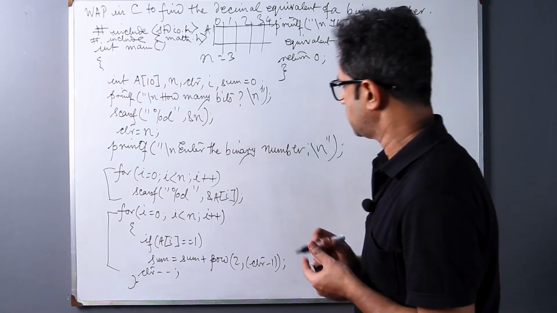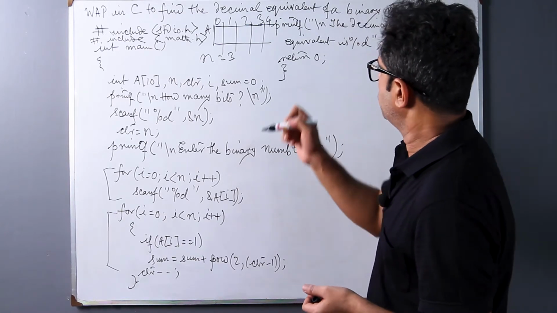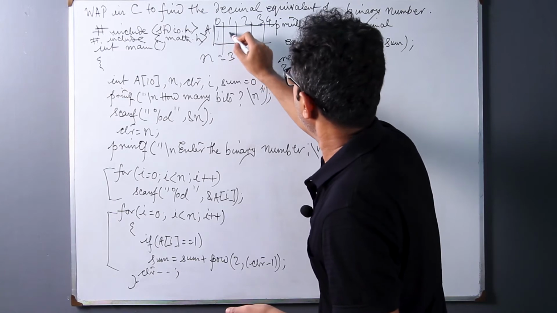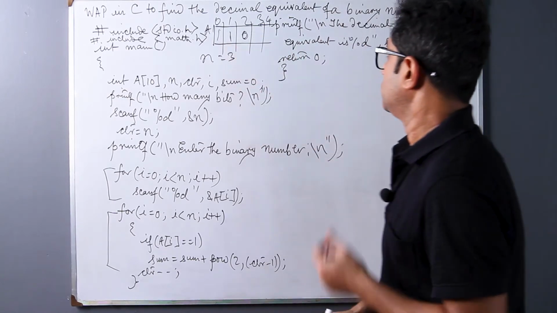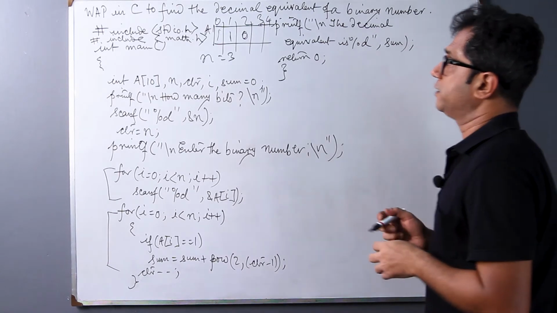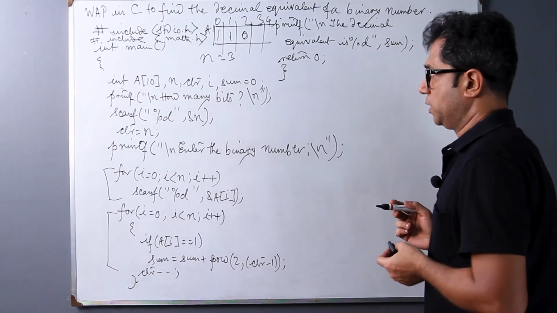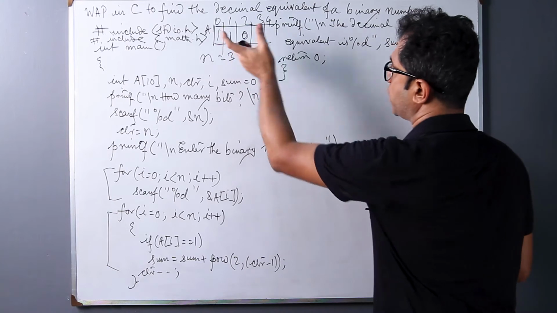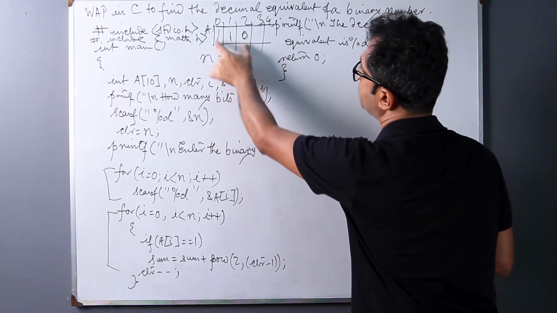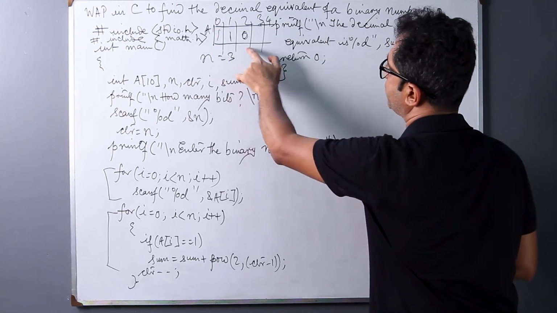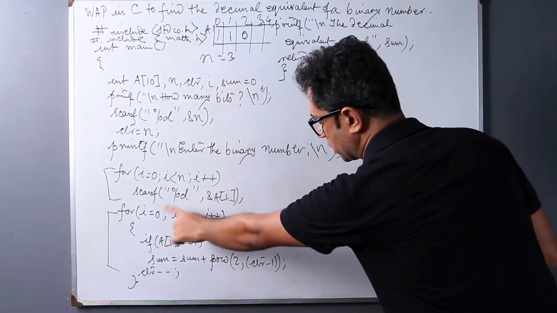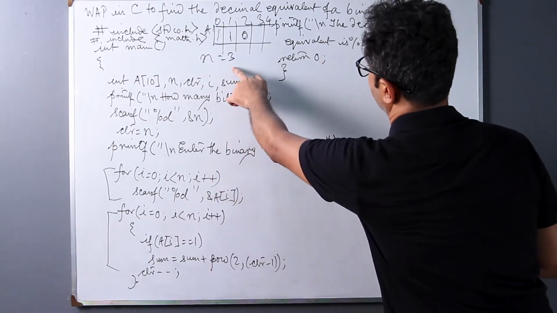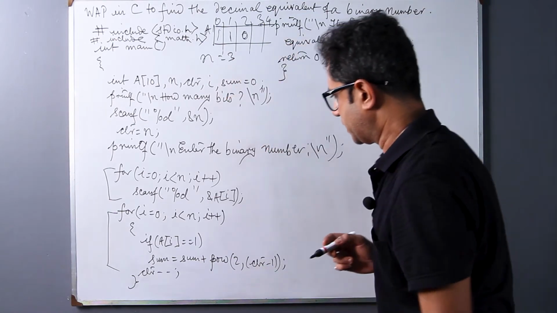Suppose the user enters 1 1 0. This is the sequence in which the user enters 3 bits. Our objective is to find the decimal equivalent of this binary bit pattern 110. By this programming logic, we are going to find the decimal equivalent.